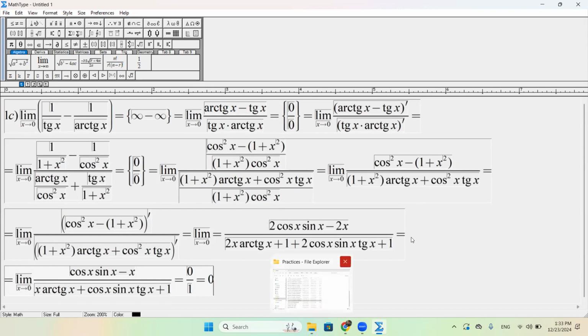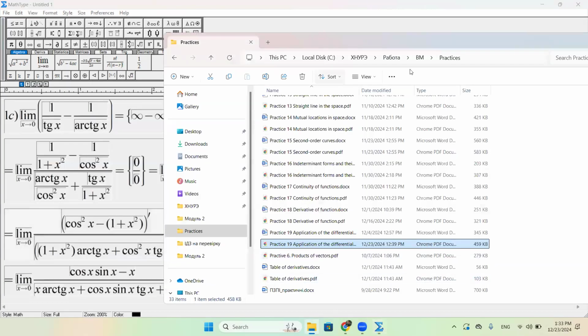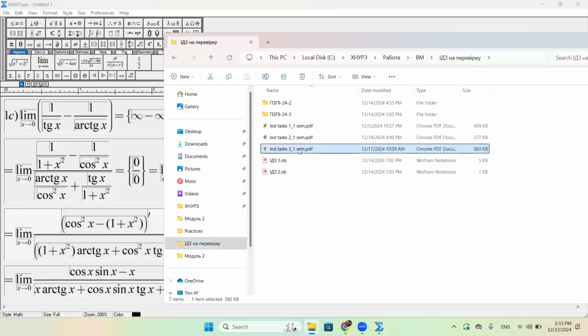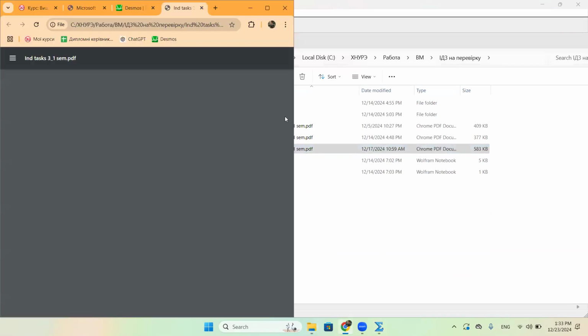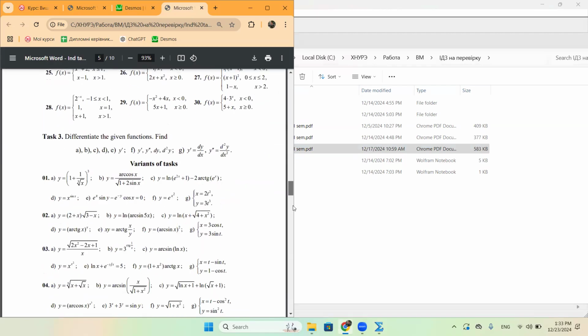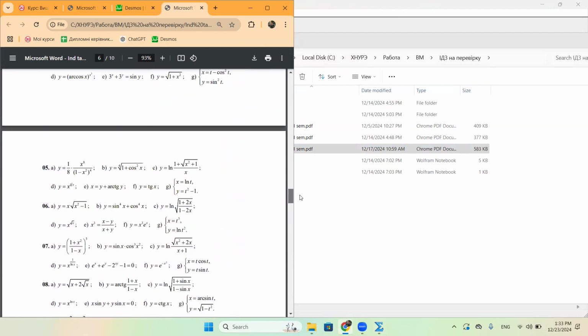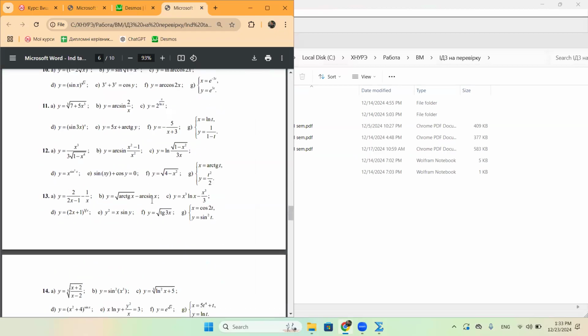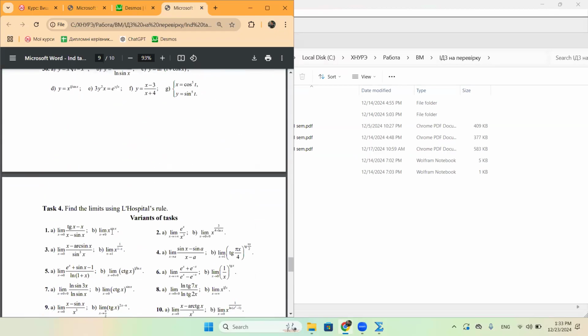And by the way, pay attention. When solving your individual task, make sure of an important comment. In the first task, you calculate limits using infinitesimal equivalent functions, special limits, and so on. So no L'Hospital's rule in task 1. You will use L'Hospital's rule in task number 3. Not number 3, by the way, in task number 4.